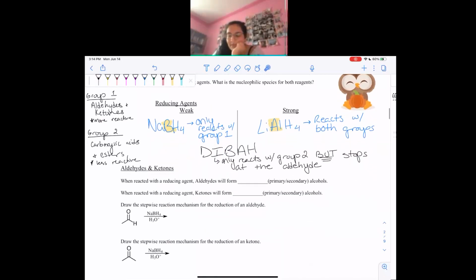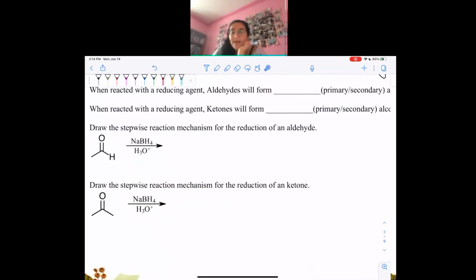So now we're going to kind of go into reaction mechanisms, and we started this a little bit. So can anyone tell me, let me zoom in, what is the reducing species? So this is our reducing agent. What's our reducing species?